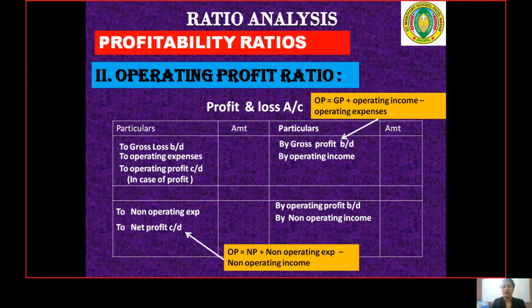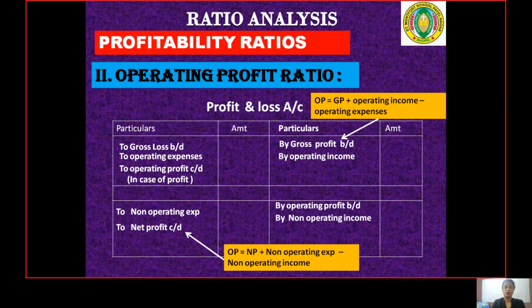Because they're on the same side. And why is the non-operating income deducted? Because it's on the opposite side of the net profit. So same side items are added and opposite side items are deducted. Hence we have the formula for operating profit from the net profit point of view. If the question gives you net profit, then you are supposed to use this formula.